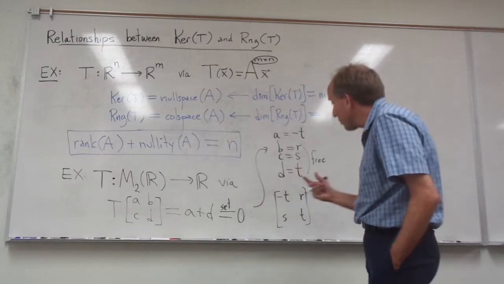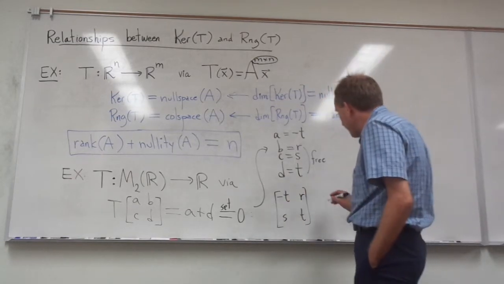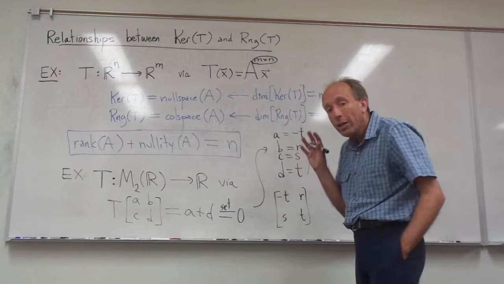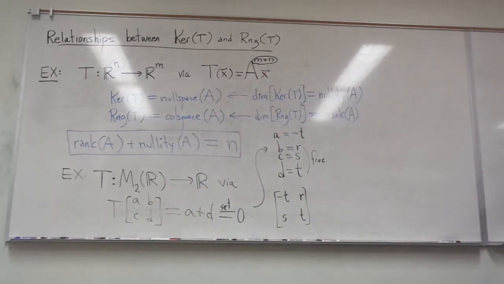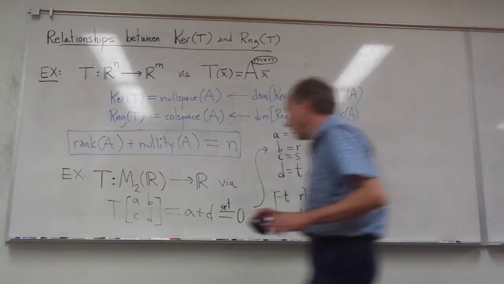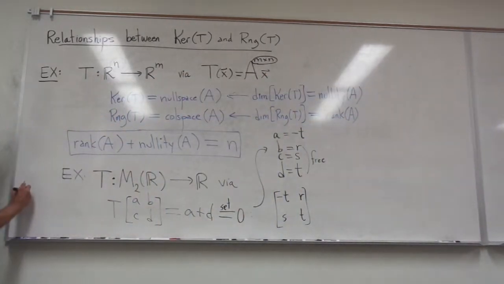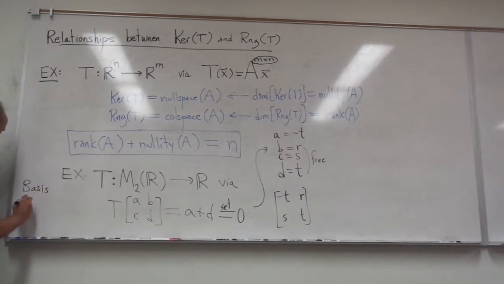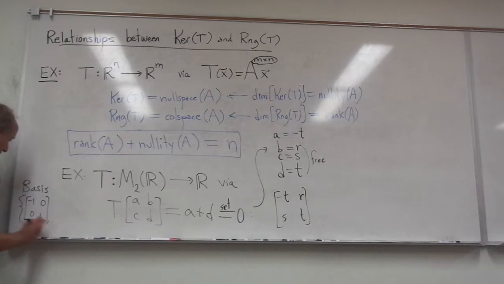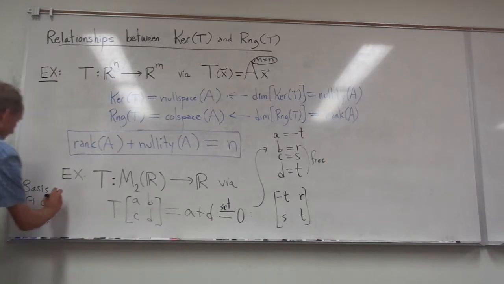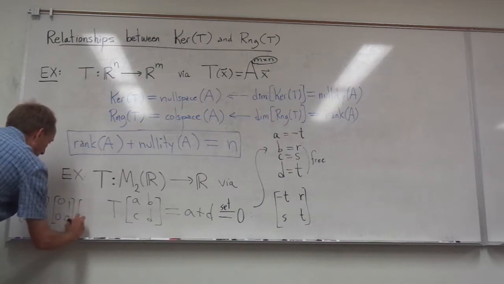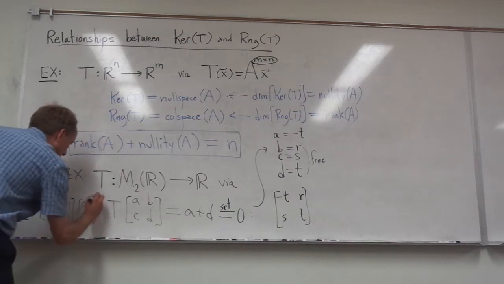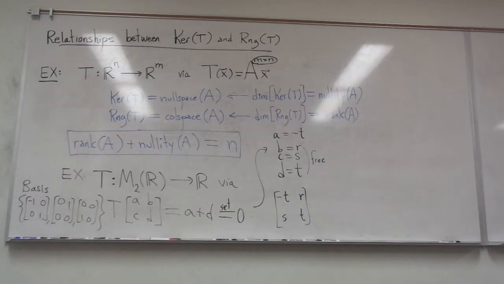When you bust out those variables, as we've talked about many times, you're going to be able to write down a basis for the kernel of T. The basis is going to be, when I bust out the t, I get negative 1, 0, 0, 1. When I bust out the r, I get 0, 1, 0, 0. And when I bust out the s, I get 0, 0, 1, 0.